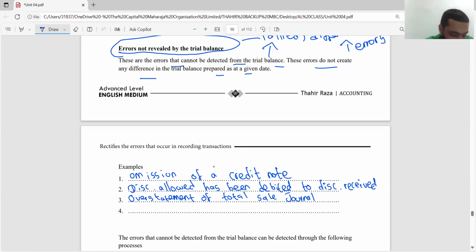Number four: drawings of electricity bill debited to business electricity bill account. Quickly write these four down and then we will discuss how, logically, this can happen.